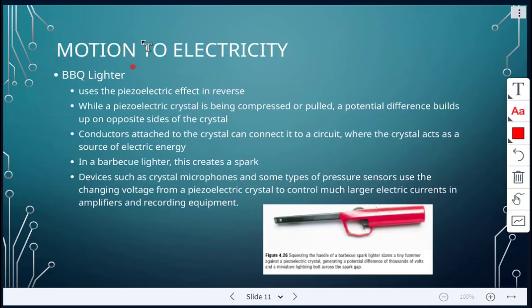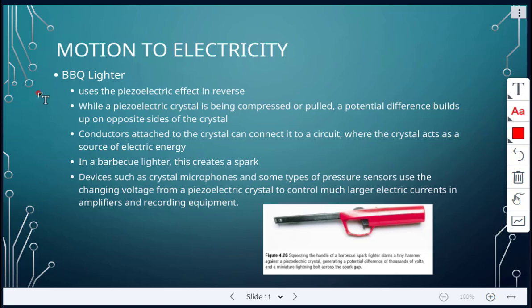And then we can take motion to electricity. So for example, barbecue lighters that look like this, they use the piezoelectric effect, but in reverse. So a piezoelectric crystal, when it's being compressed or pulled, a potential difference builds up on opposite sides of the crystal.